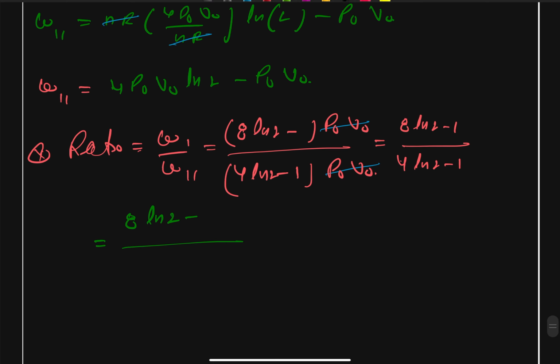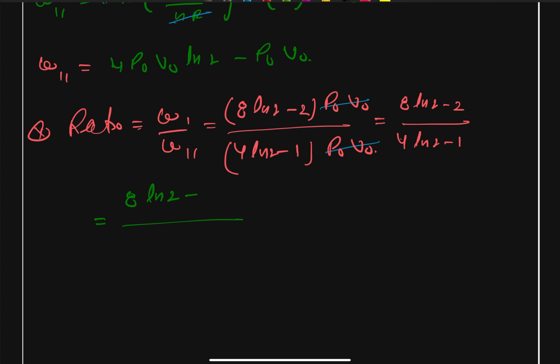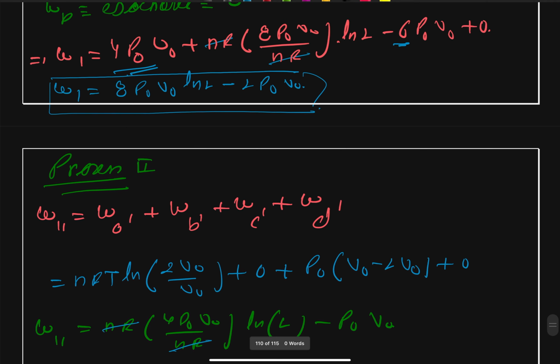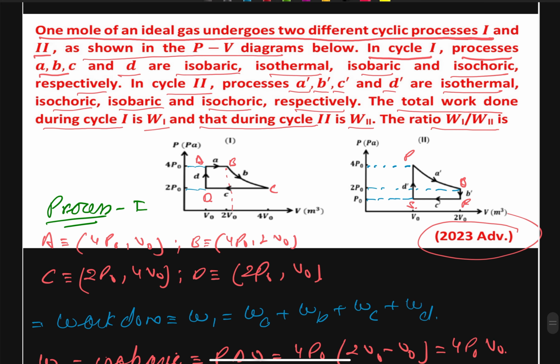Yeah, that's why there was a problem. So this is our 2, and okay, now it is easy. Otherwise we got stuck here. So we can take 2 as common, and we get 4 natural log of 2 minus 1 divided by 4 natural log of 2 minus 1, and these two terms cancel out, so we get the ratio equal to 2. The ratio is 2.